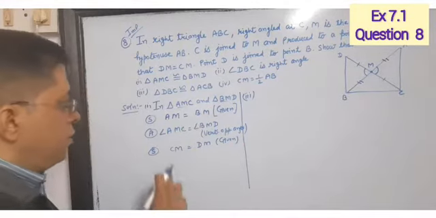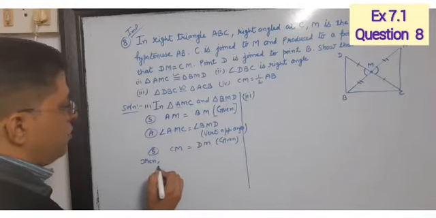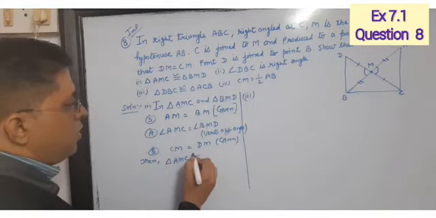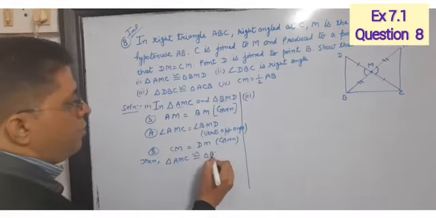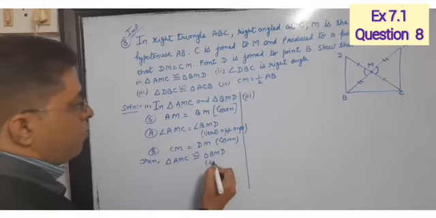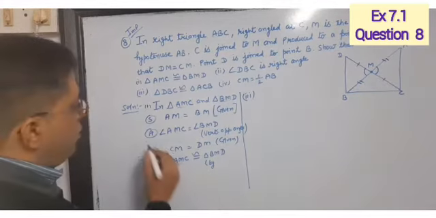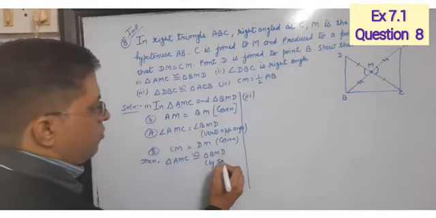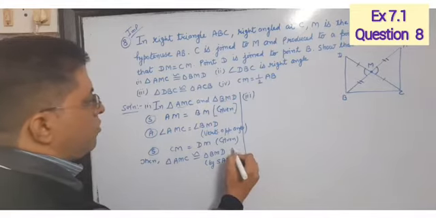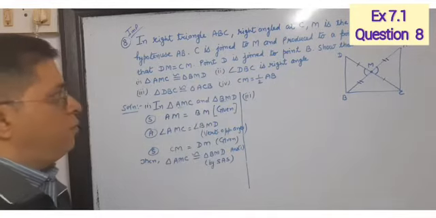If these three are there, then you can say triangle AMC will be congruent to triangle BMD by the SAS rule. And this is your answer number 1 also.